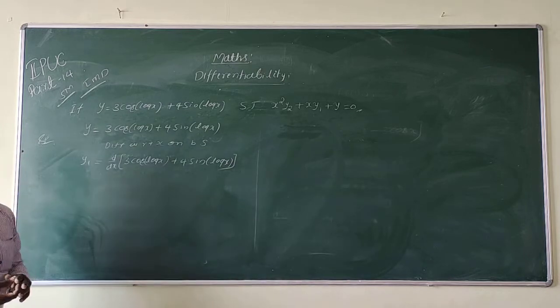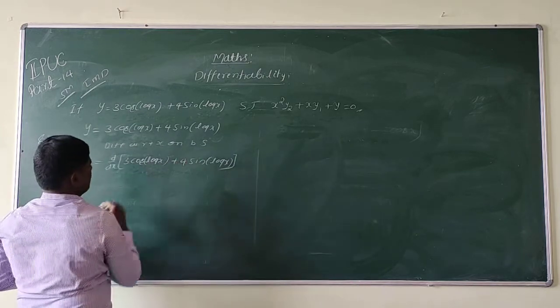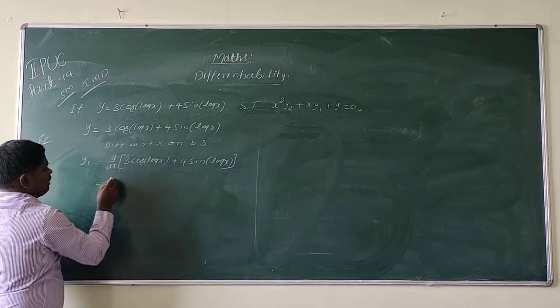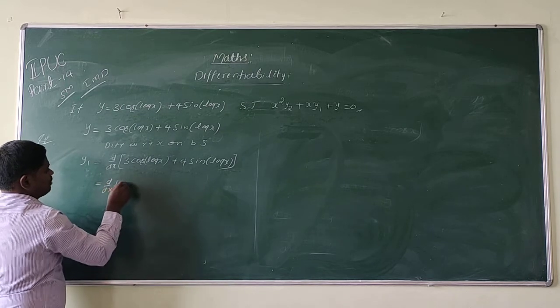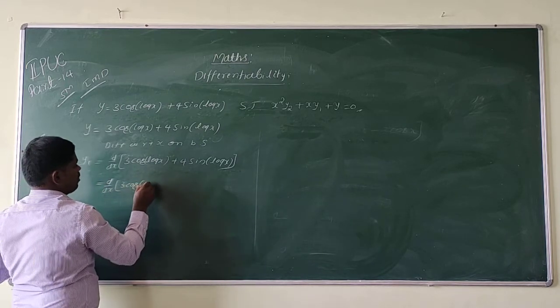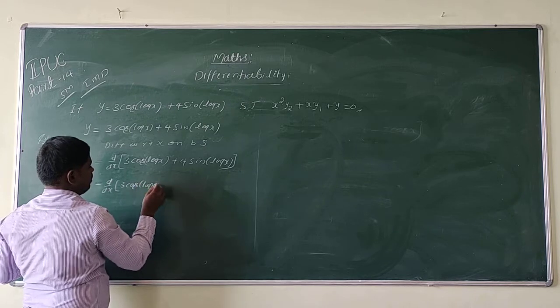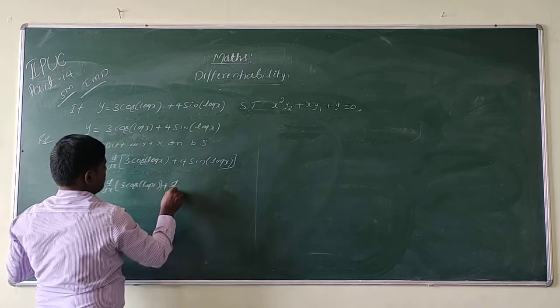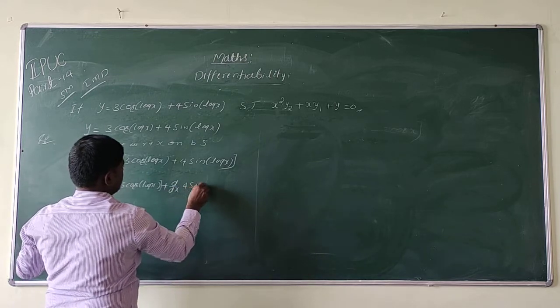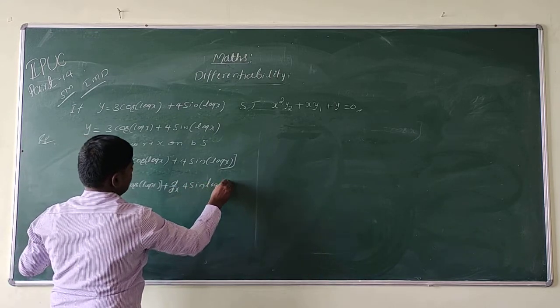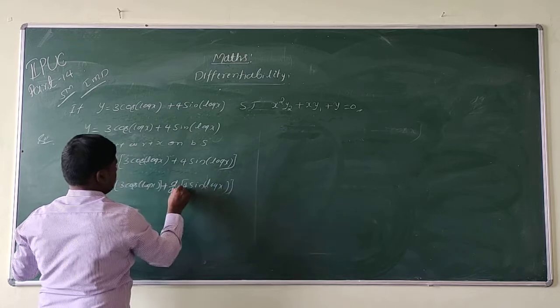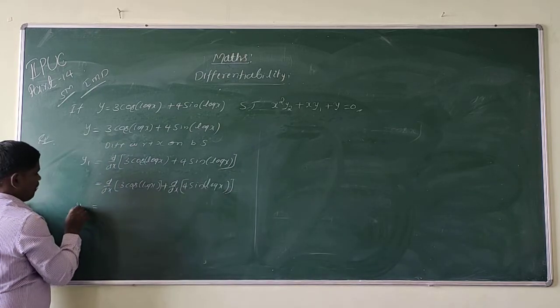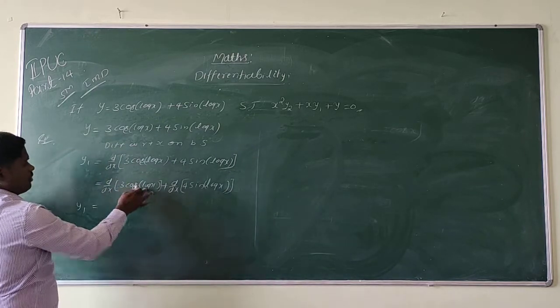By the algebra of derivative we are going to differentiate the terms separately. So d by dx of 3 cos(log x) plus d by dx of 4 sin(log x). We differentiate these using the chain rule.